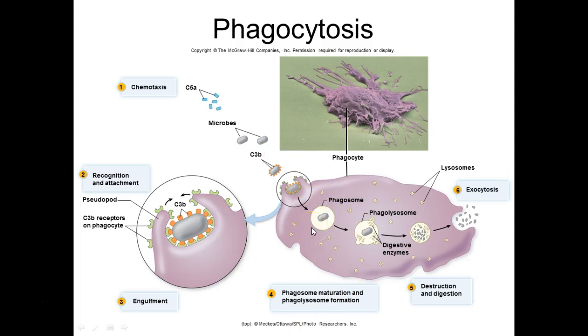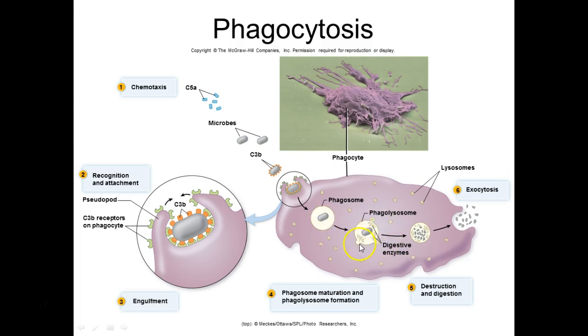This is a very specialized endocytosis, where we've definitely engulfed something we want destroyed. So this is called a phagosome. And again, we've encased it in the membrane within the cell. We don't want them running free inside of our cell, right? This is a bad guy. This is a bacteria.